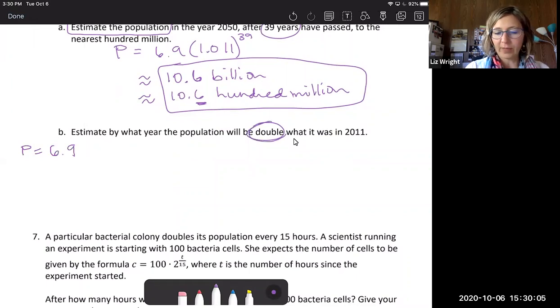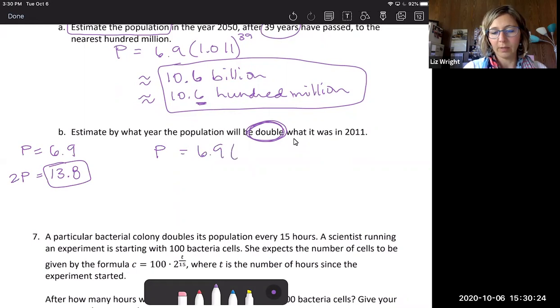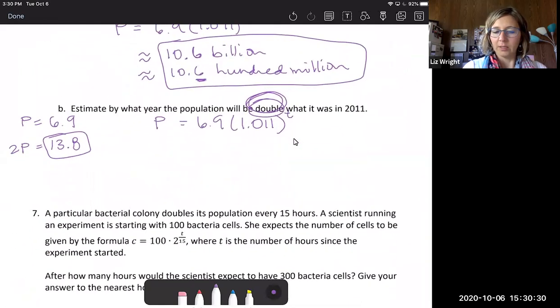And then we're asking, when is it going to double? So 2P is going to give us 13.8. What that means is that we can plug 13.8 in for our P this time. So P equals 6.9 times 1.011 raised to the T, and for our P, we can plug in 13.8.